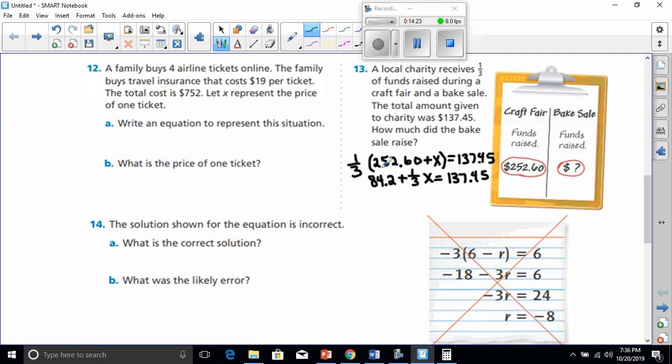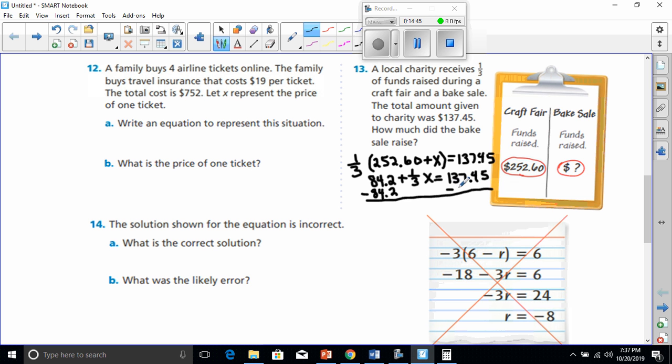And now I have to get the variable by itself. So since I'm adding 84.2 to this, I can use subtraction and subtract 84.2. And that will give me 0 there. But whatever I subtract from one side, I have to subtract from the other.